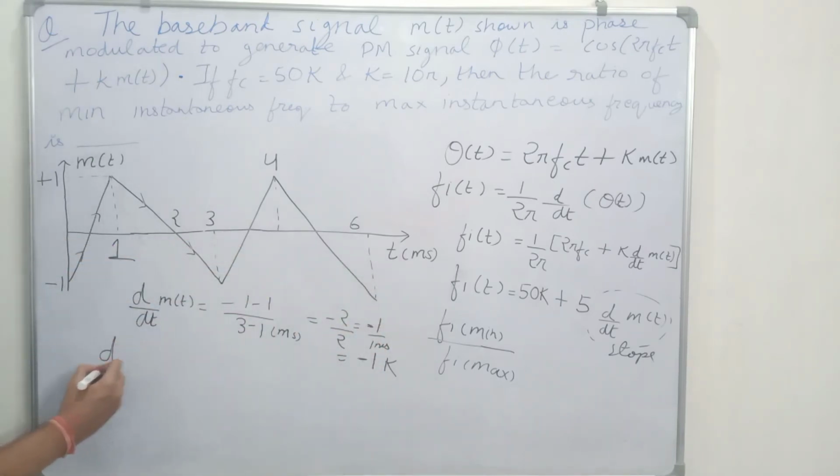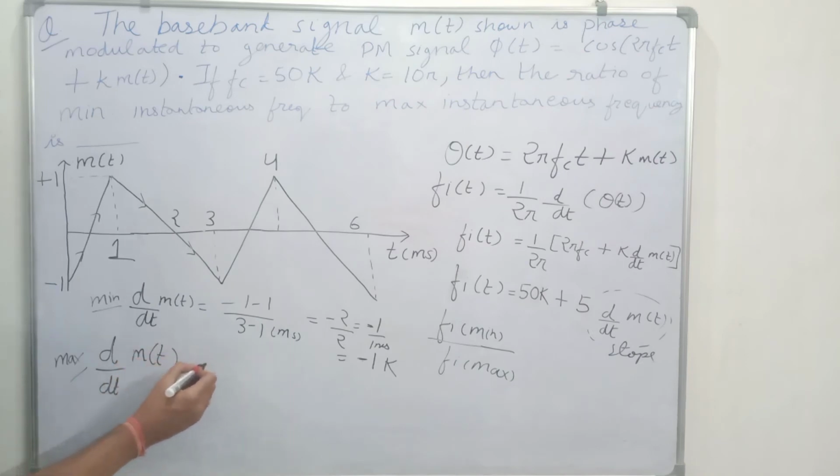Now the maximum value of the slope will be obtained for the positive slope. So the maximum slope will be d by dt of m(t).